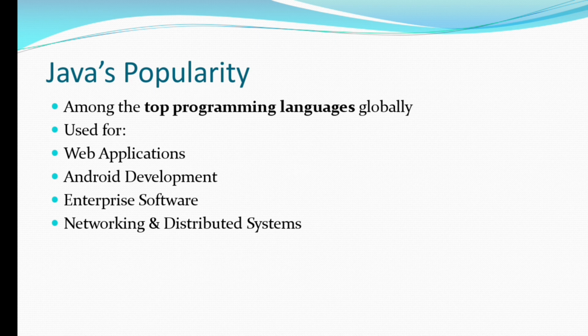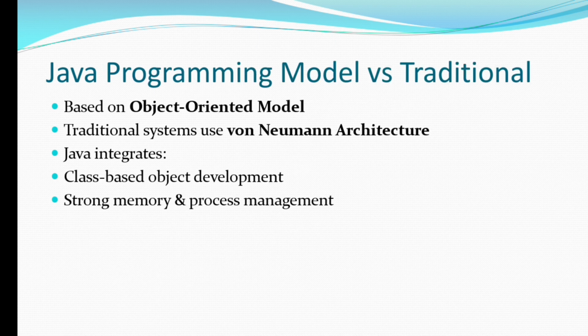Because it is used for web applications, Android development, enterprise, networking, and various others. There are multiple applications where we can use the Java programming language. It is completely based on object orientation. It is completely related to classes and objects. It has strong memory management.